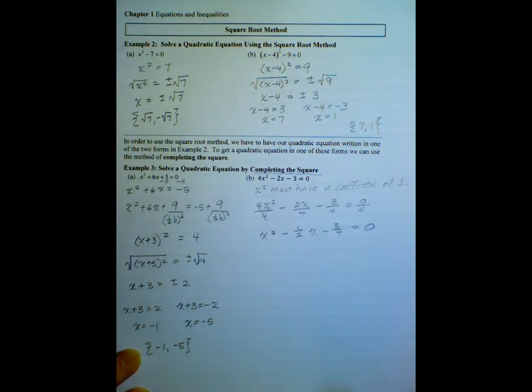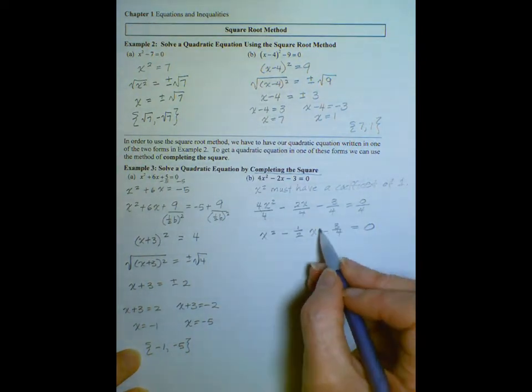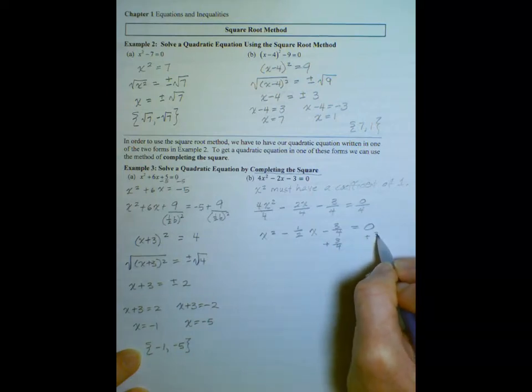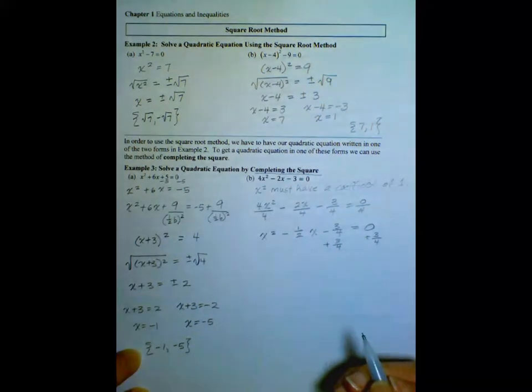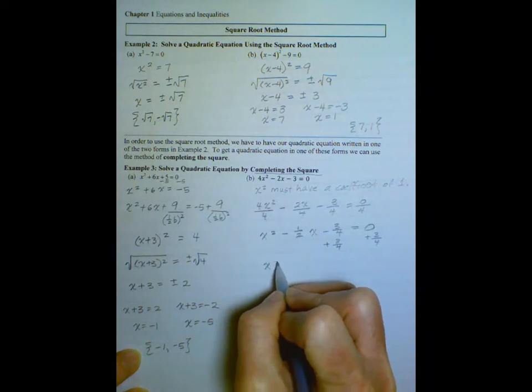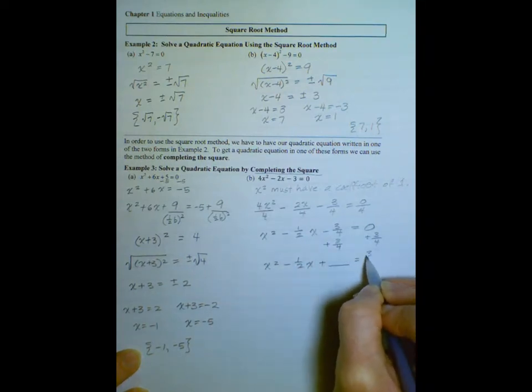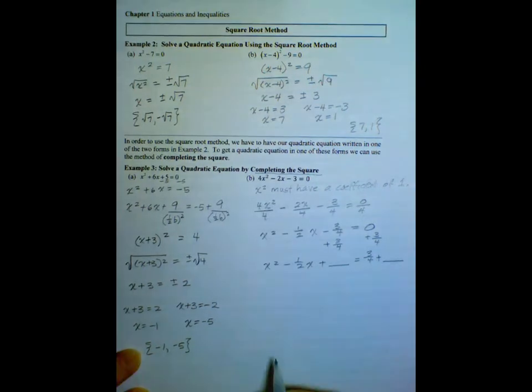Okay, next thing we have to do, I've got to get this constant out of my way, because I'm going to add the correct number to make this a perfect square trinomial. X squared minus 1/2 x plus blank equals 3/4 plus blank.